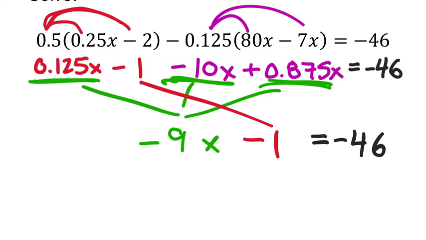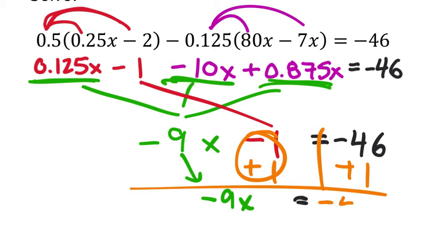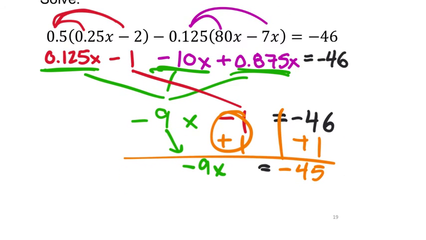In any case, principle of equality, I'm going to add 1 to both sides here to zero that negative 1 out. I'll drop my negative 9x, which now equals negative 46 plus 1. I get negative 45 right there. And now I will divide both sides by negative 9, yeah. I got x is 5.